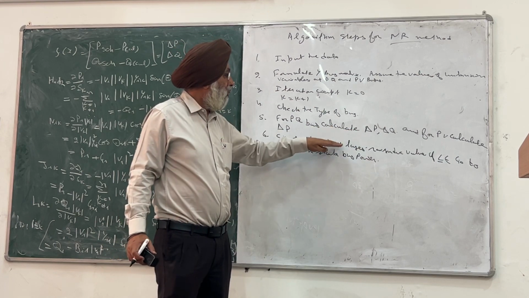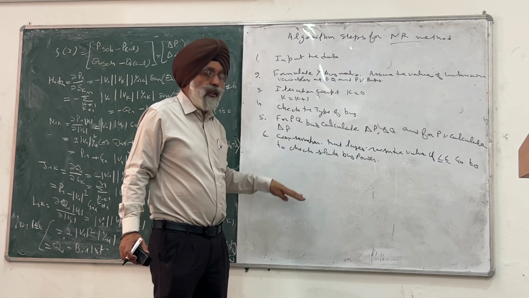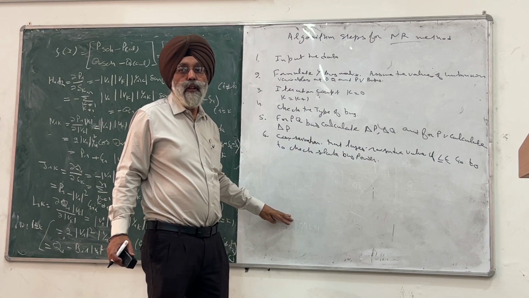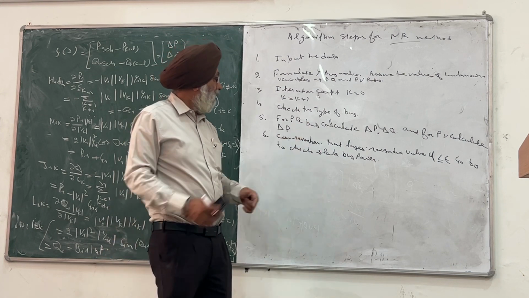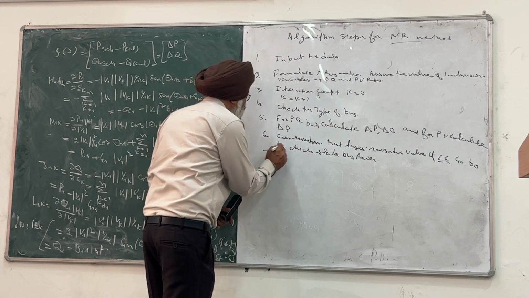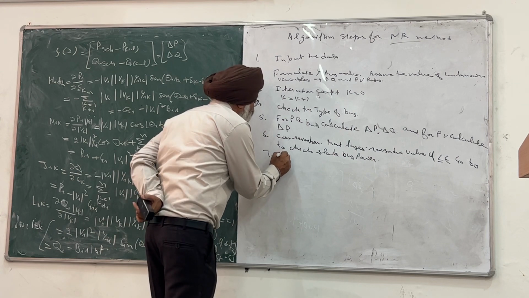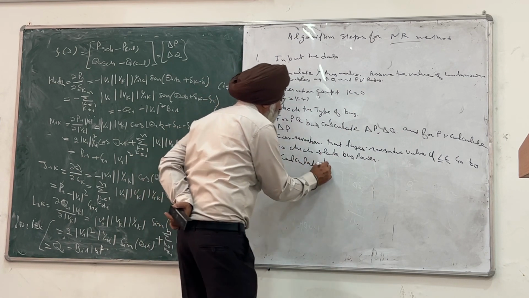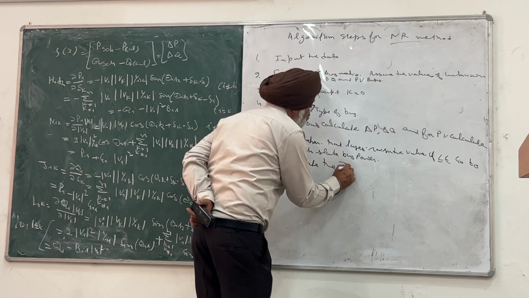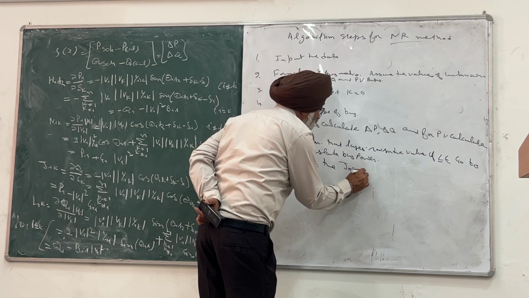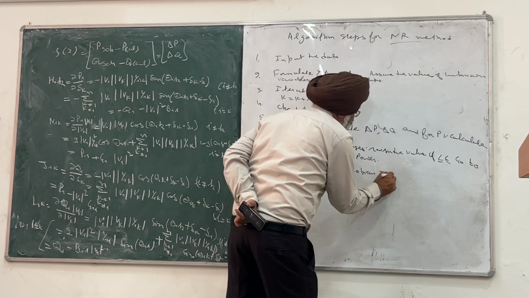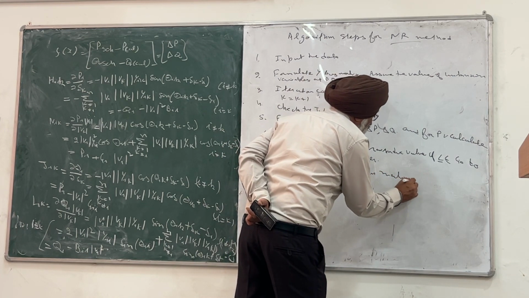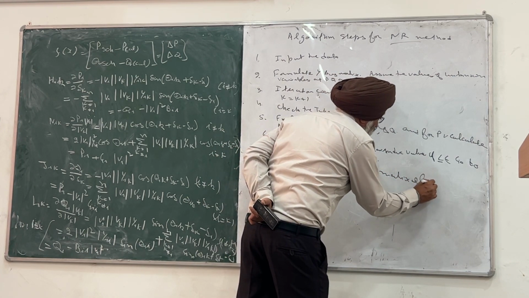So we have to calculate the slack bus power. Otherwise, we have to calculate the Jacobian matrix elements.